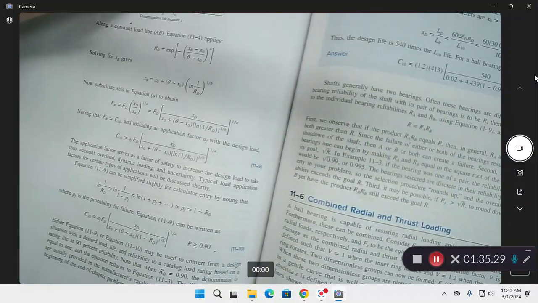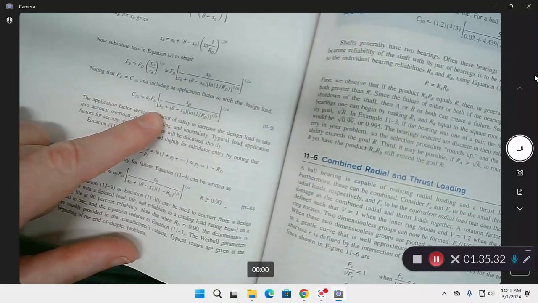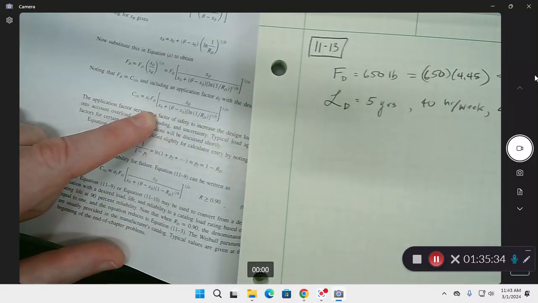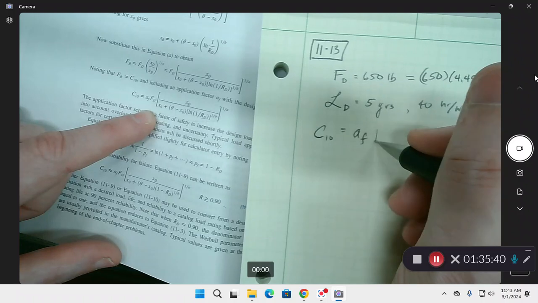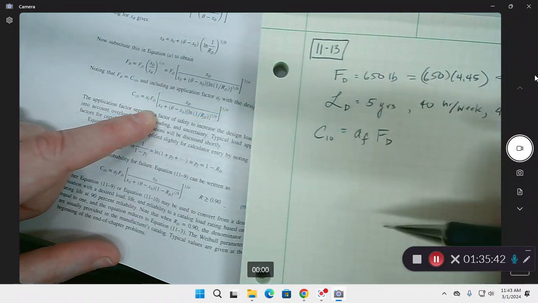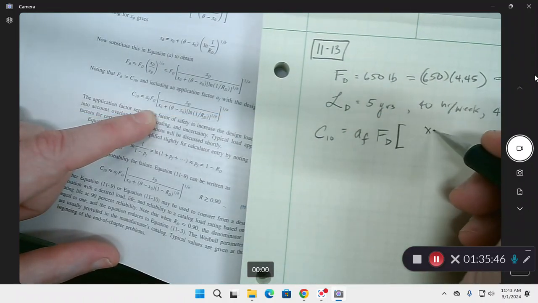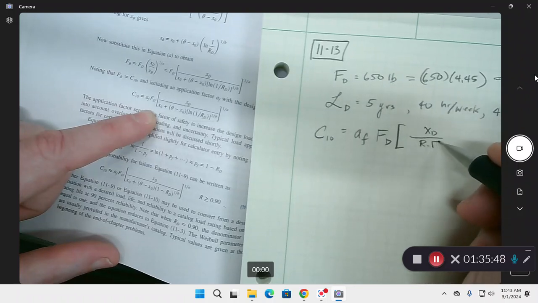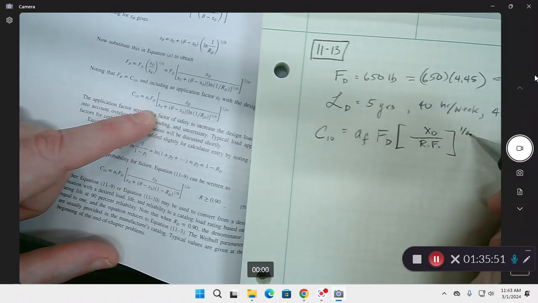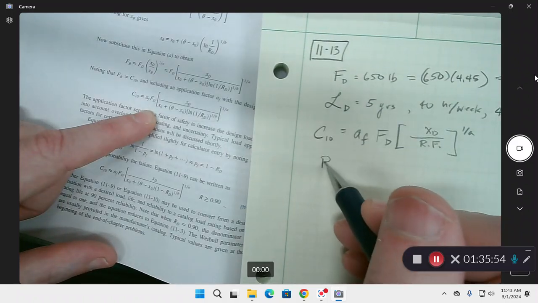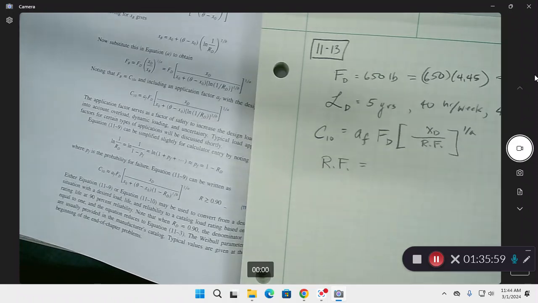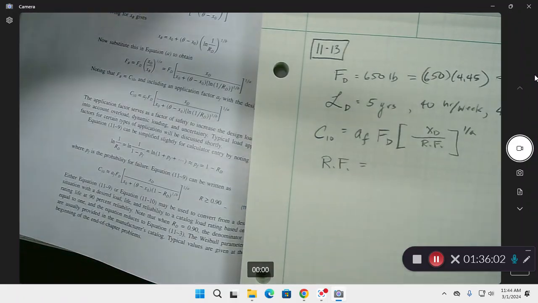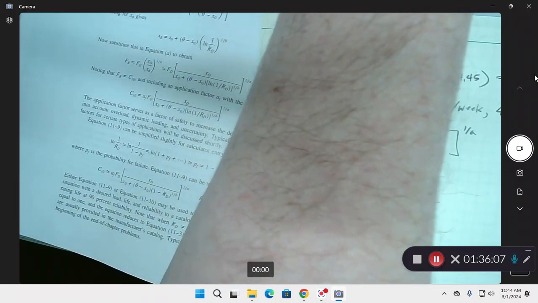We want to get to this main equation right here, C10 equals A F times F D. I'm going to write it like this: XD over the reliability factor and 1 over A. And that reliability factor we should use from a table. Let's see if I have it. I don't want to flip too much, but there we go.